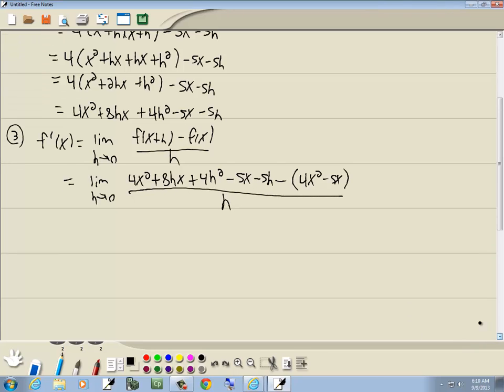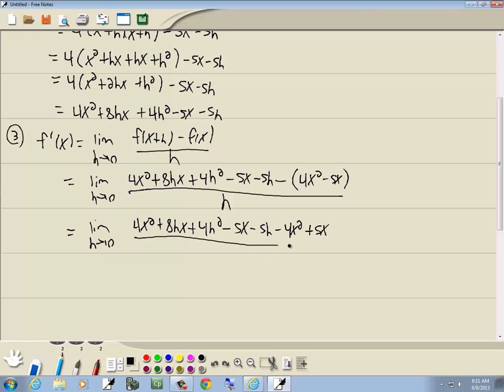So we got the limit as h goes to 0 of 4x squared plus 8hx plus 4h squared minus 5x minus 5h. And remember, a negative out in front of your parentheses flips the sign of everything inside, so that becomes a negative 4x squared plus 5x, all over h.